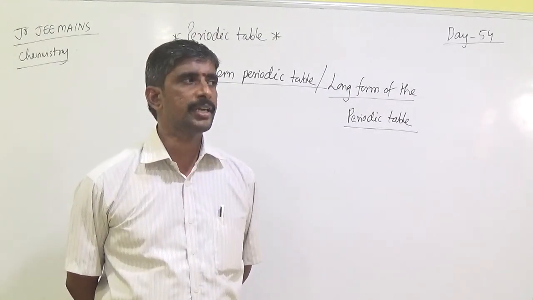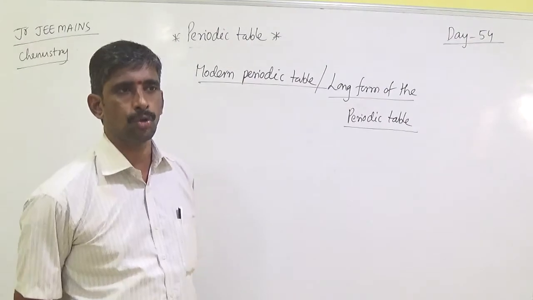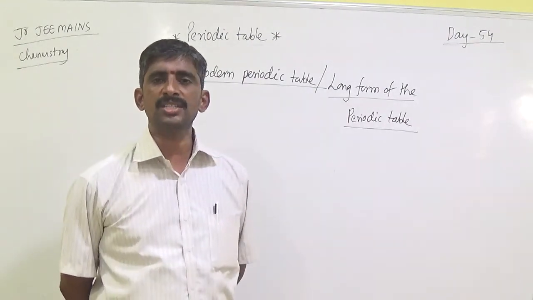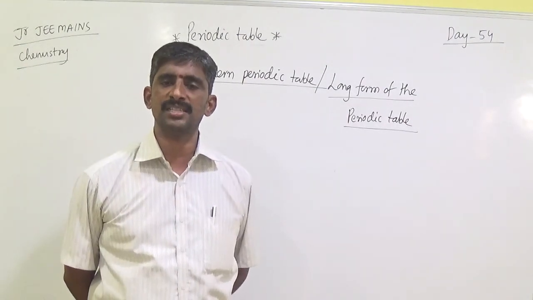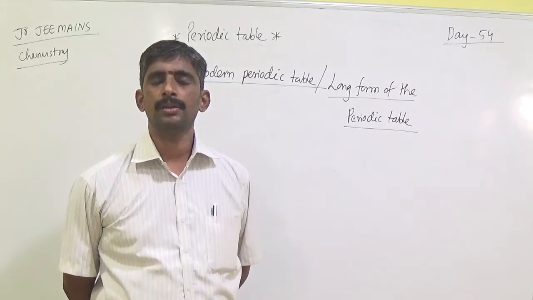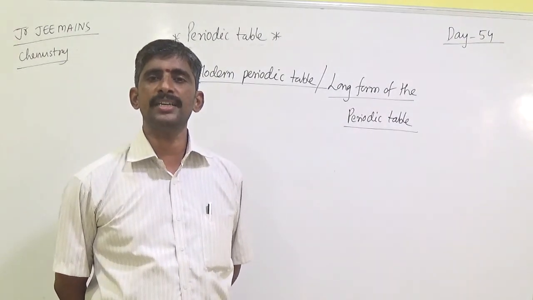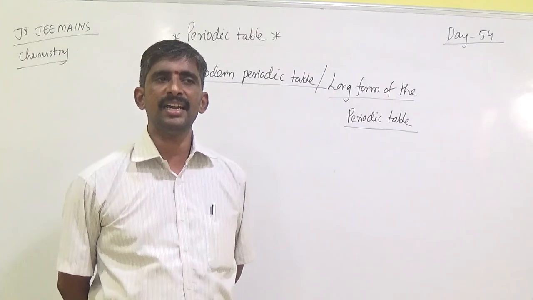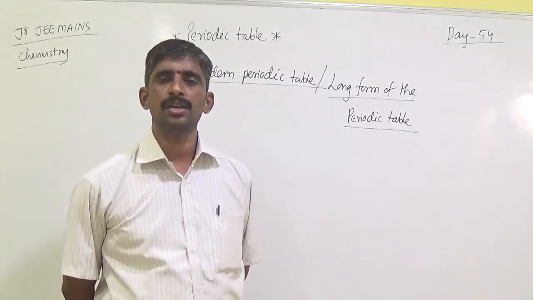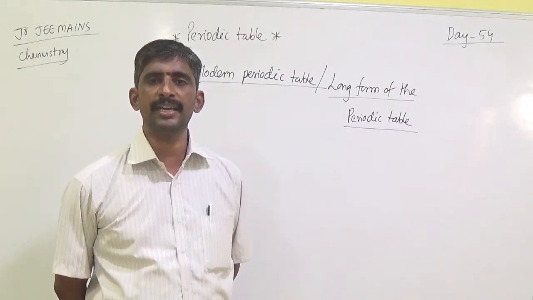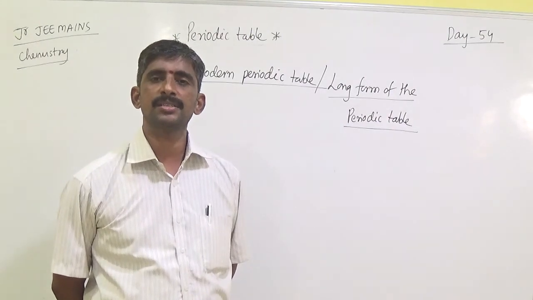It contains 7 periods and 18 groups. Each period starts with an alkali metal and ends with noble gases. The first period contains 2 elements, a short period. The second and third periods contain 8 elements.